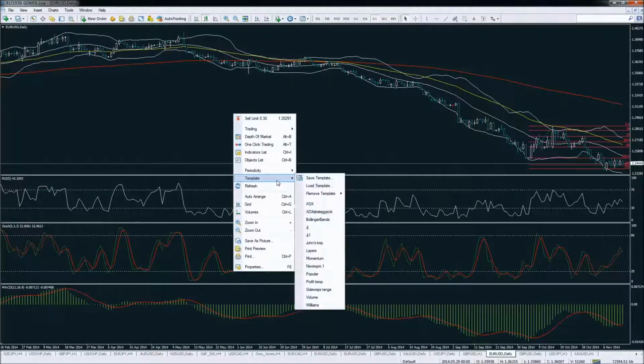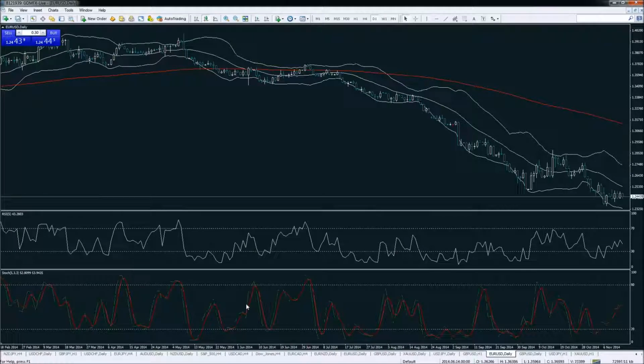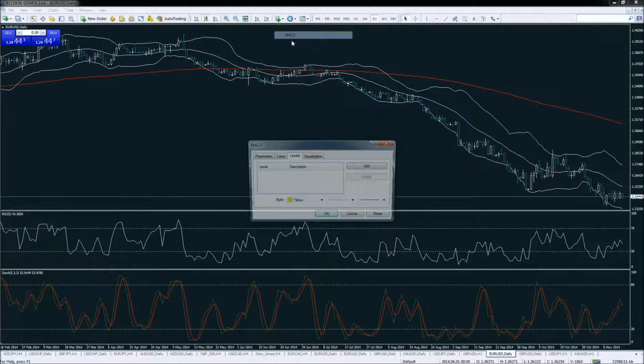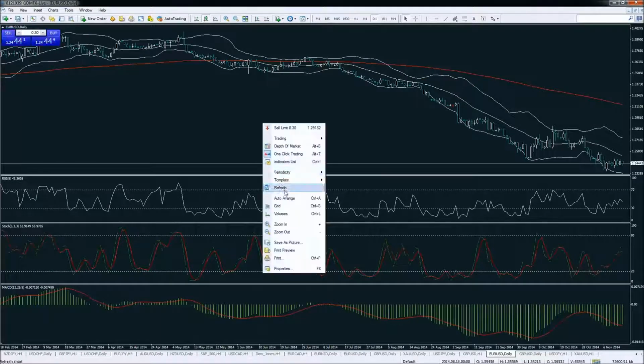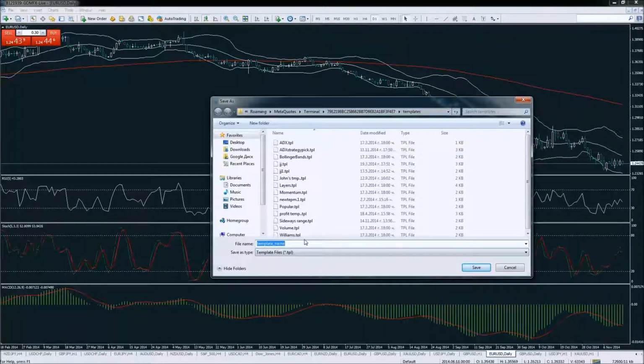We're going to save this template. The last one was the sideways range, as we've been using. You can see it here. Right now, along with the MACD, we will create a new template. We will name it Direction Recognition.